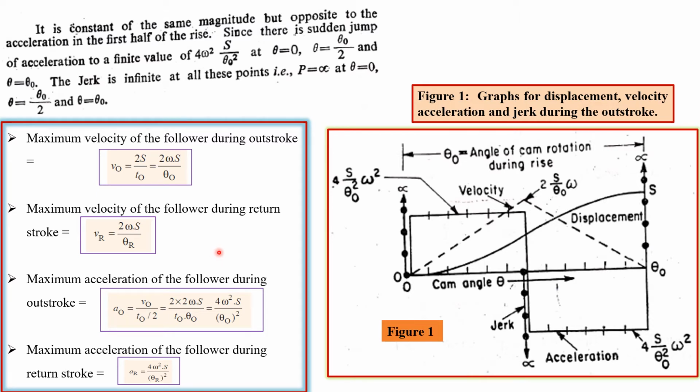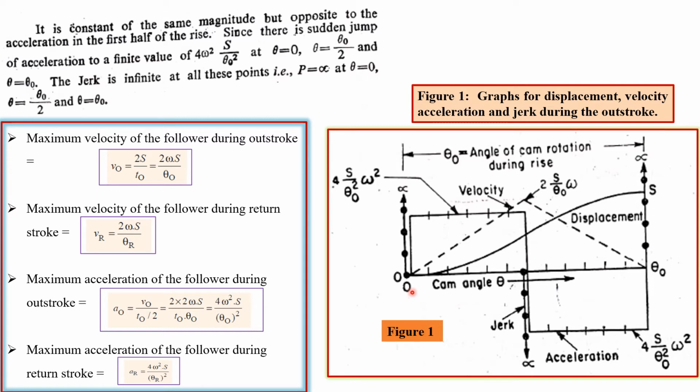Having determined all the values for displacement, for velocity, maximum velocity, acceleration and jerk, we can have a graphical representation of all these 4 parameters as shown in figure 1. So figure 1 basically shows a graph for the displacement, velocity, acceleration and jerk during the outstroke.